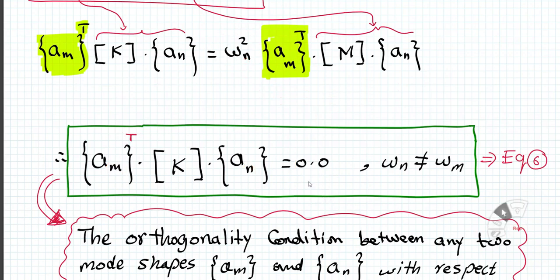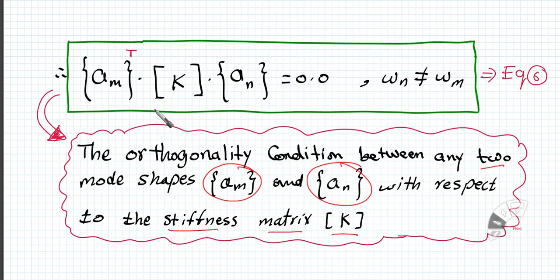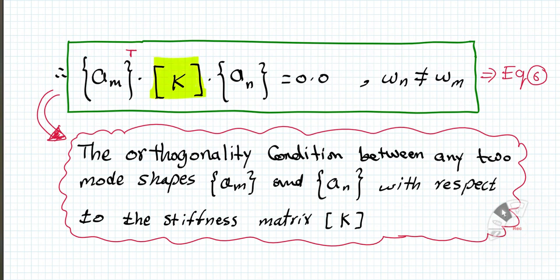Let's clean and go down and write the final orthogonality condition with respect to K. We are talking about the orthogonality condition between any two mode shapes, AM and AN, with respect to the stiffness matrix K. This is an important equation for us because we have the K here, and this is considered to be another orthogonality condition, but instead of using the mass matrix, we are using the stiffness matrix.